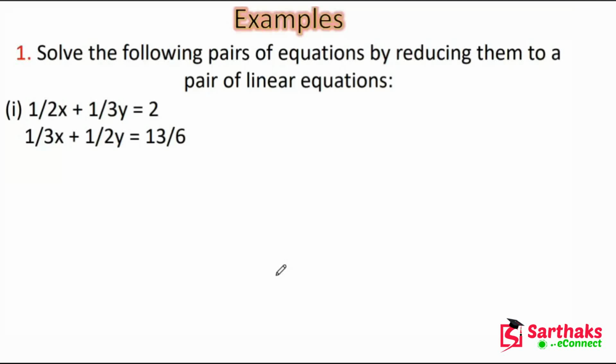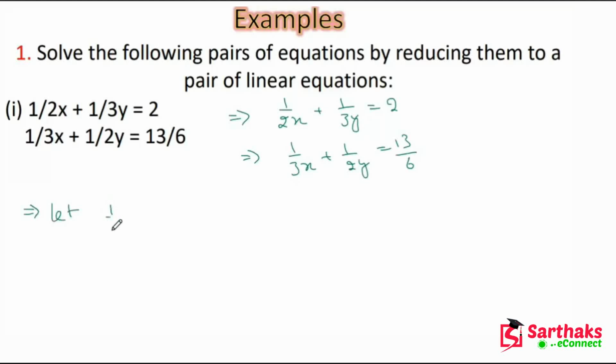We have 1 upon 2x plus 1 upon 3y equals 2, and 1 upon 3x plus 1 upon 2y equals 13 upon 6. Let us assume 1 upon x equals m and 1 upon y equals n.